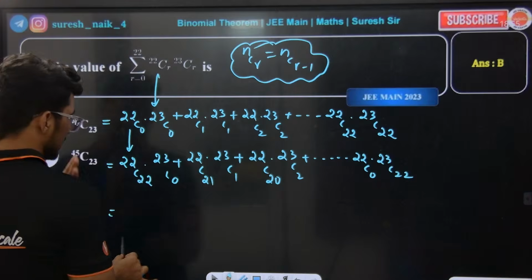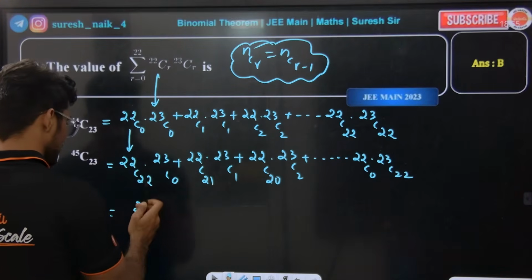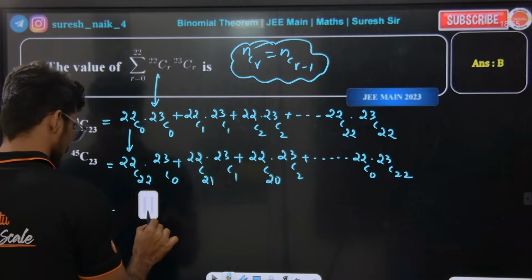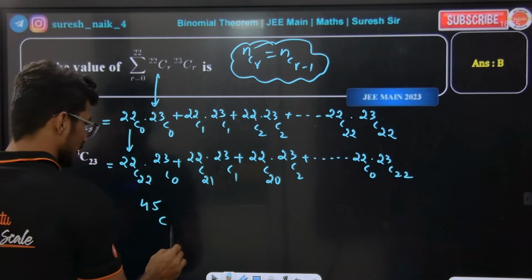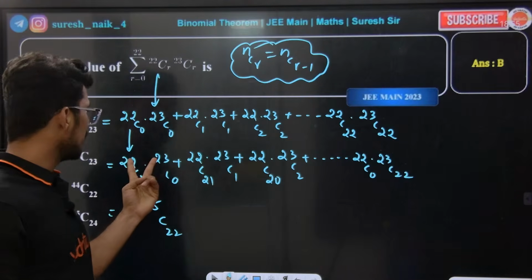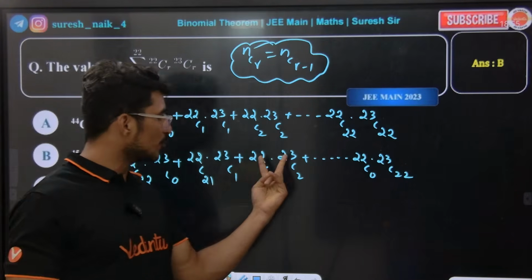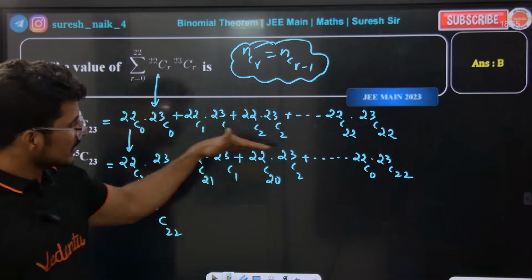Now look at the sum of upper suffixes and lower suffixes. The sum of upper suffixes is 45: 22 plus 23, 22 plus 23, every term the same.